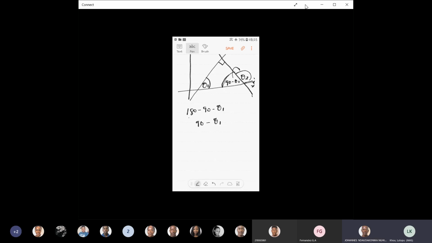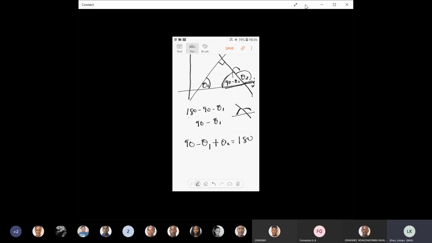Okay, so I have 90 minus theta 1 plus theta 2 equal to 180 degrees. So I have a straight line and I divide it into two angles. These two angles must add up to 180 degrees. So that's where I get this formula from.